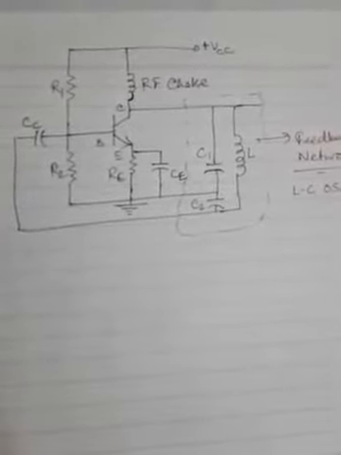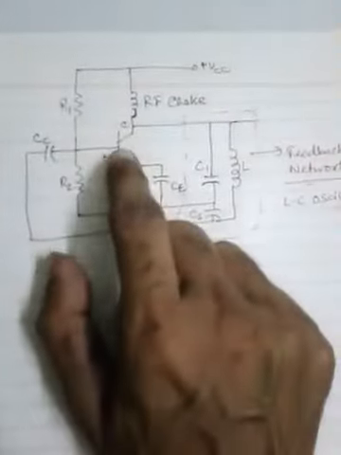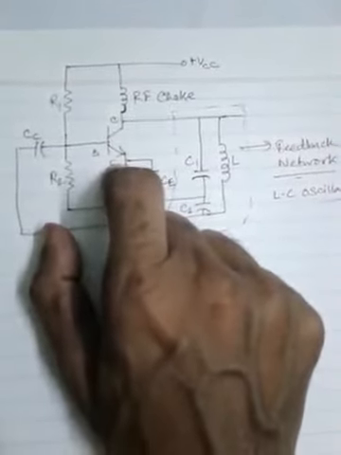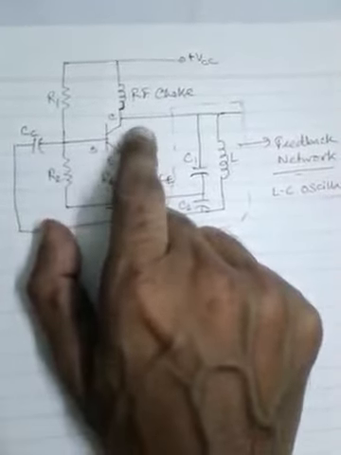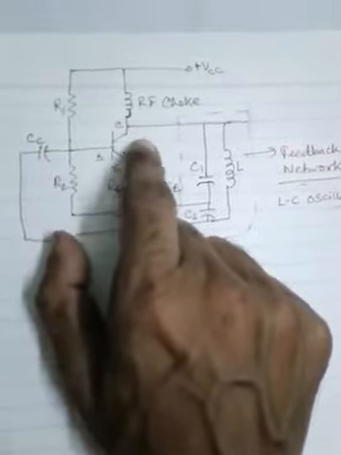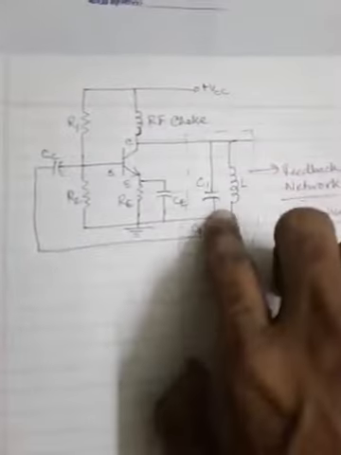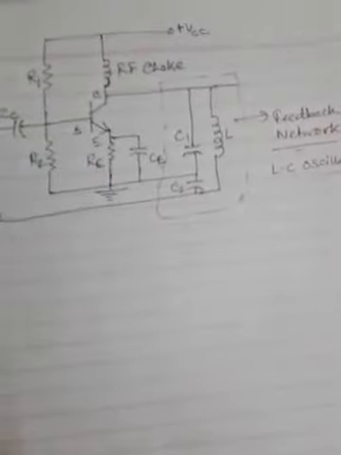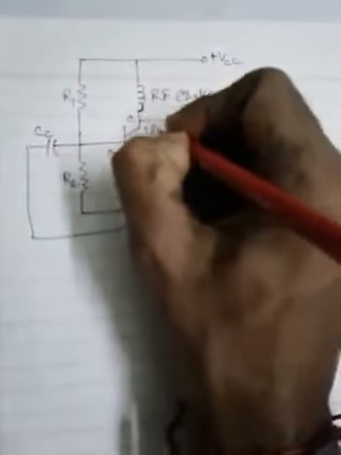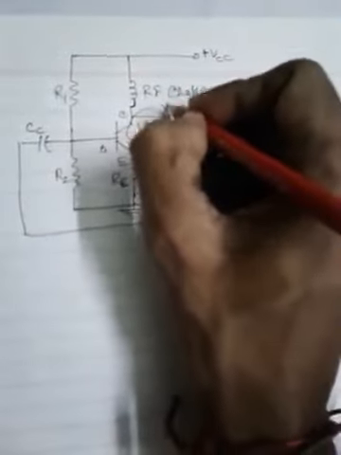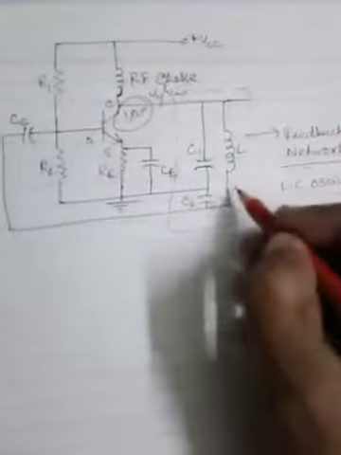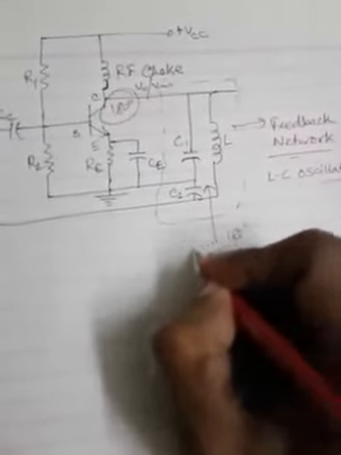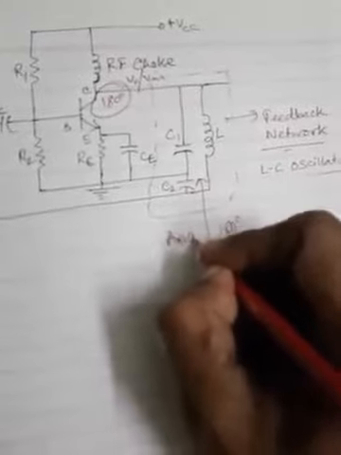So we are getting that phase difference between the input and output because of the natural, normal operation of the BJT, which is 180 degrees out of phase between input and output, and through the passage of this LC network there will be an additional 180 degree shift. That means here a 180 degree phase shift is observed between Vo and Vin, and through the signal passage through the feedback network another 180 degree phase shift will be introduced in the signal which is being tapped from the output Vo to be inserted into Vin.